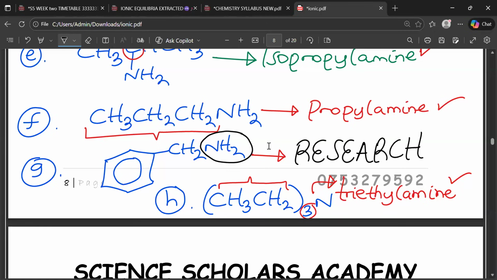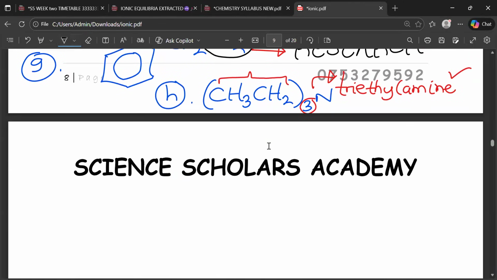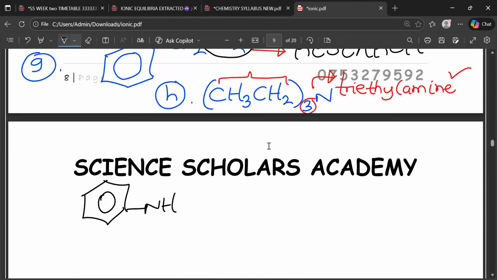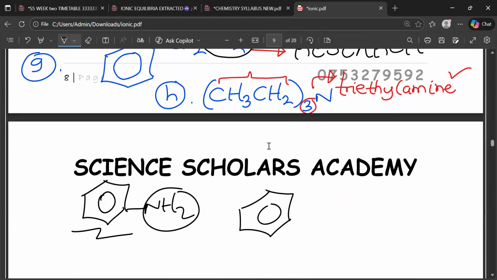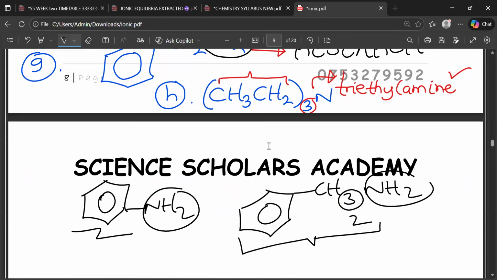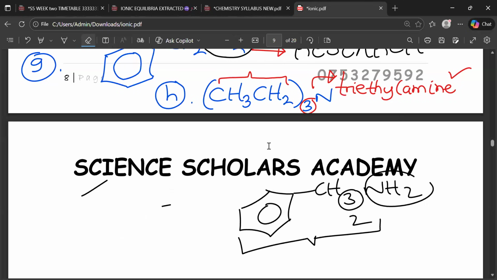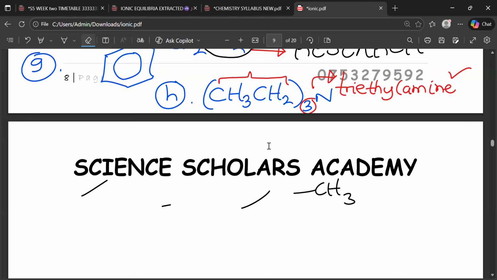When you get benzene alone and add the amino group, it becomes aminobenzene. When you have methylbenzene and you remove one H, leaving 2, then you bring the amino group, it will become aminomethylbenzene. So it's easy. One word, aminomethylbenzene.